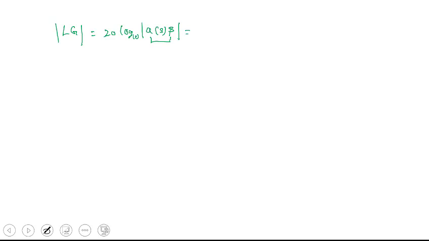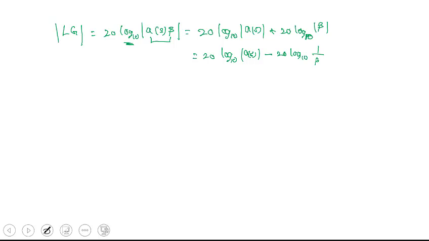Since it's a product under a logarithmic scale, we can split it as an addition of two things, which is 20 log10 of A of s plus 20 log10 of beta, the base is 10 here. True. Now again, this could be rewritten as 20 log10 of A of s minus 20 log10 of 1 upon beta.